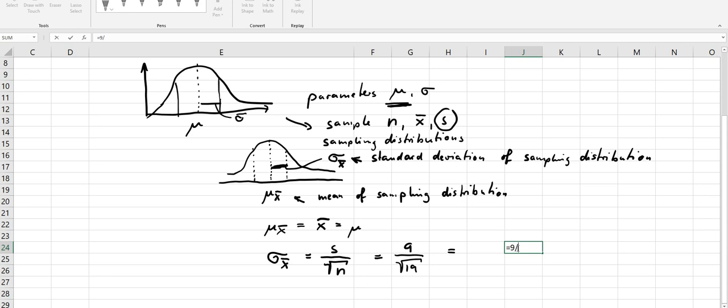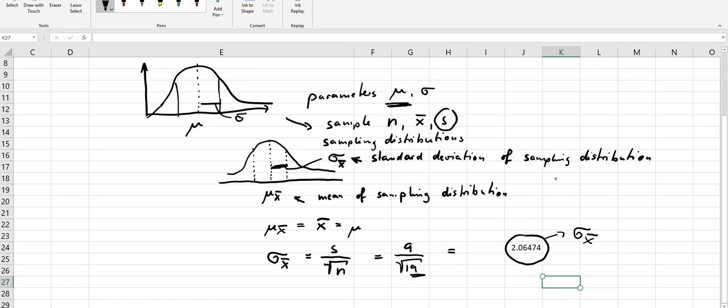I abbreviate that in Excel with SQRT. Mustn't forget the brackets. So this gives us the square root of the sample size, and here we have our standard deviation. So this is the standard deviation of our sampling distribution.